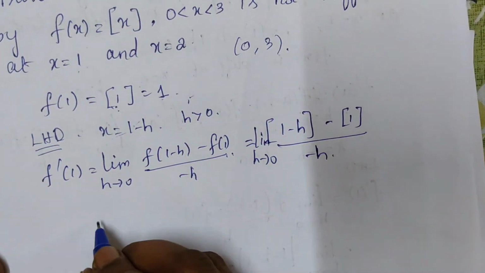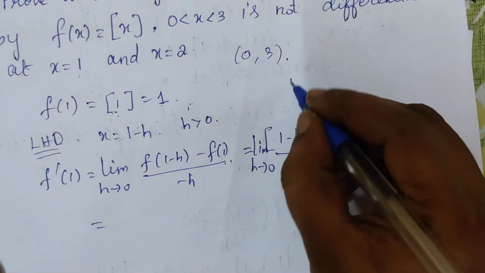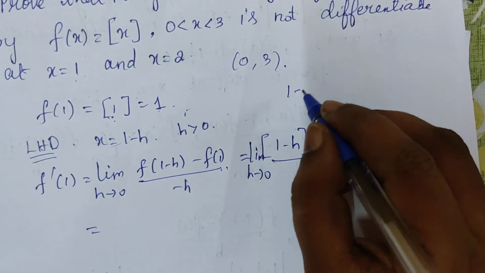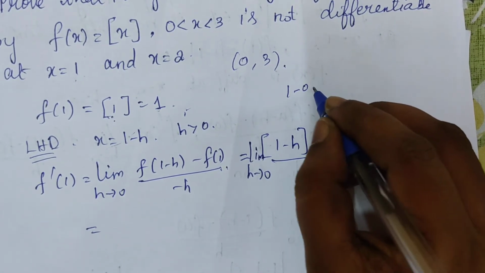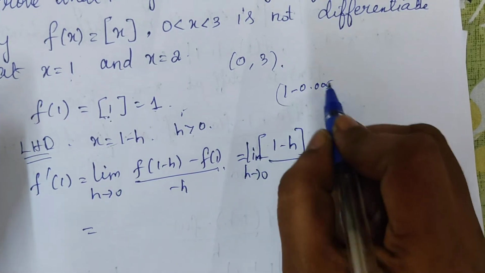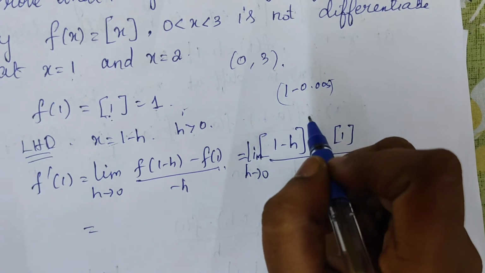By the definition, 1 minus h means h is a small positive real number. Suppose we are subtracting 0.005, the result will be a small number which is closer to 1.